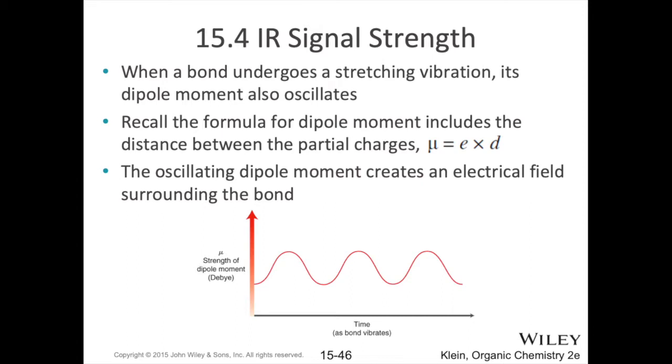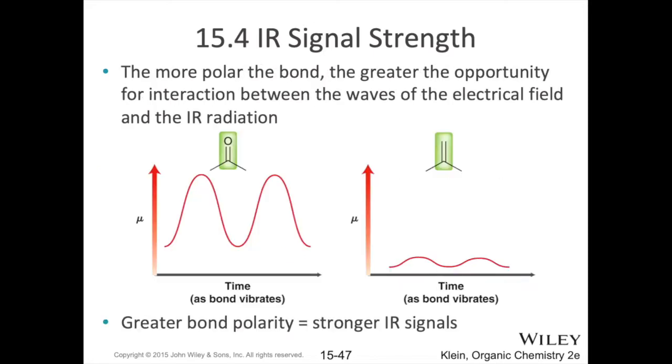All right. So what happens then is you have an electrical field that gets created by this oscillating dipole moment. Now, what affects that field is how polar that bond is, right? The greater your dipole moment, the greater that oscillation and the greater the induced electrical field.